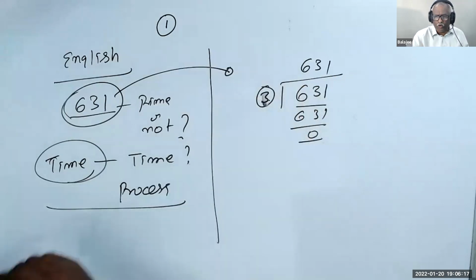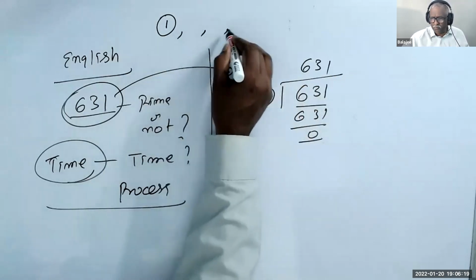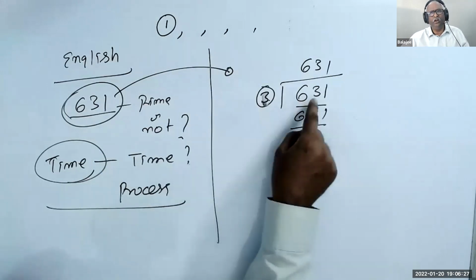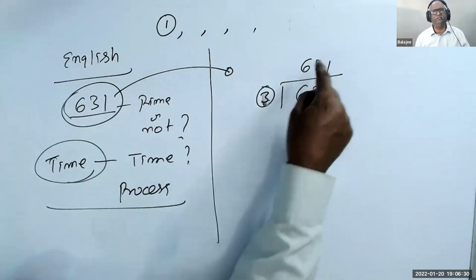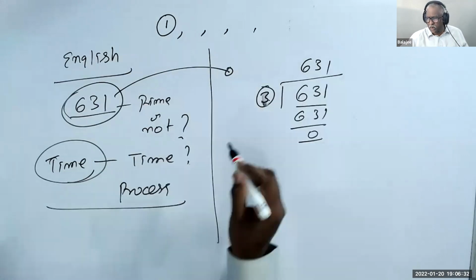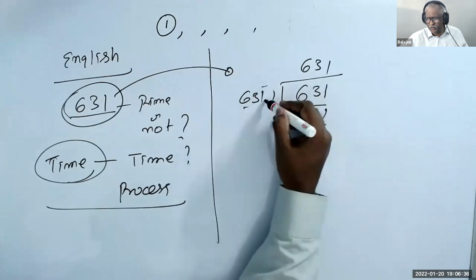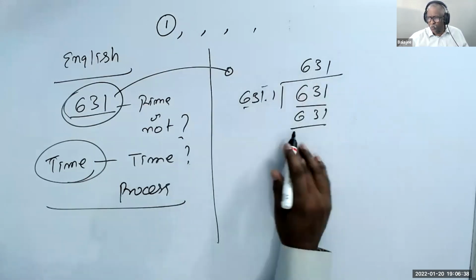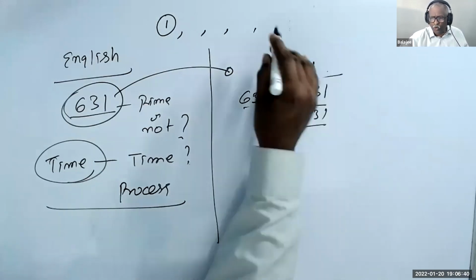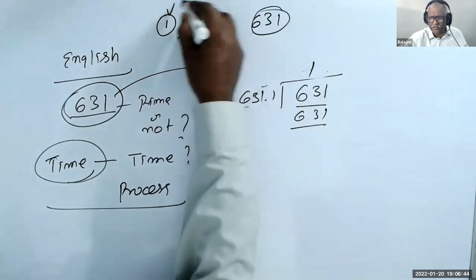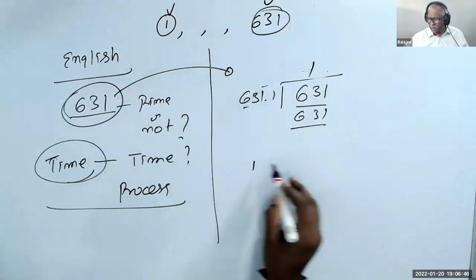So you will find all the factors by dividing, until finally you come up to 631. Understand? Once you find the factors, you know that there are two factors, 1 and that number.